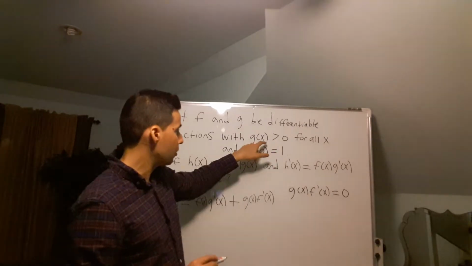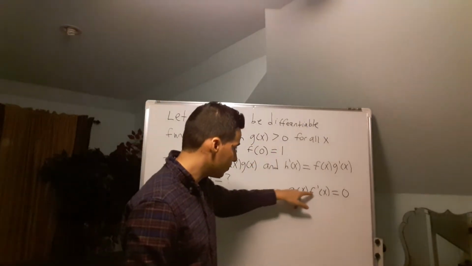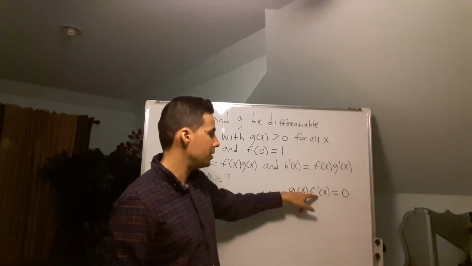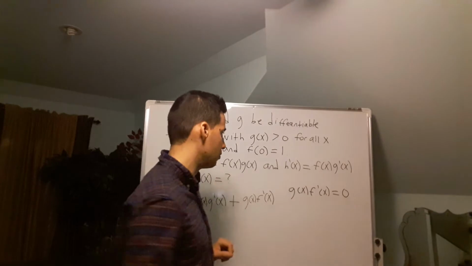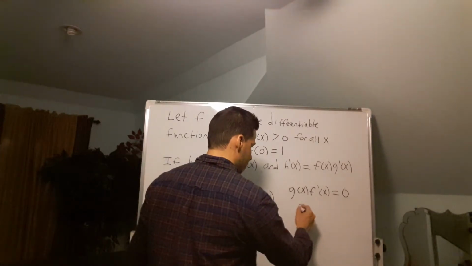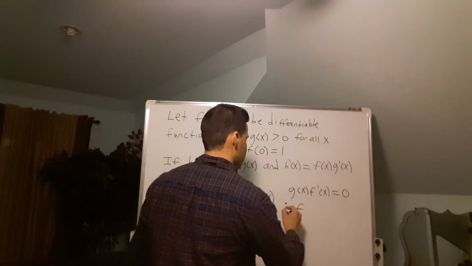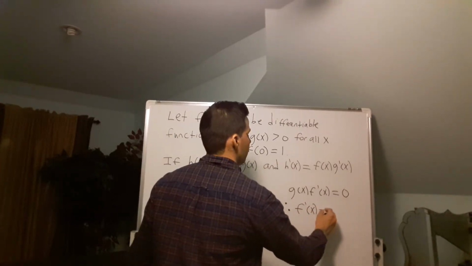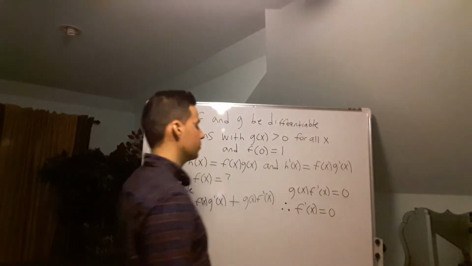It's never equal to 0. So this is not 0. That means this product is equal to 0, which means f prime of x must equal 0. So we can figure this part out here. So therefore, f prime of x must be equal to 0.